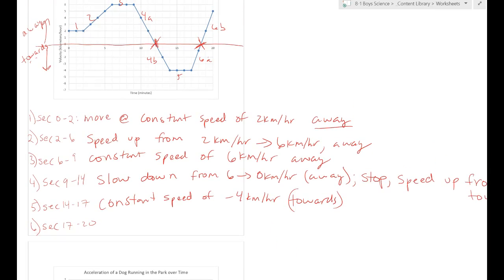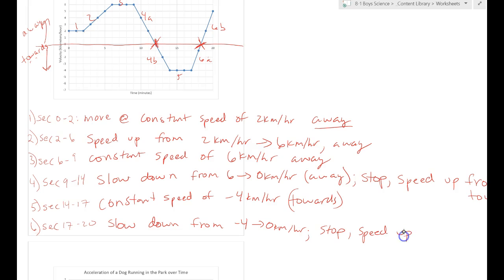So we're going to go from negative 4 down to 0. If we're going down to 0, that means we're actually slowing down. Slow down from negative 4 to 0 km per hour. That means we're going to stop for an instant, and then we're going to start to speed up, going away from the motion sensor.